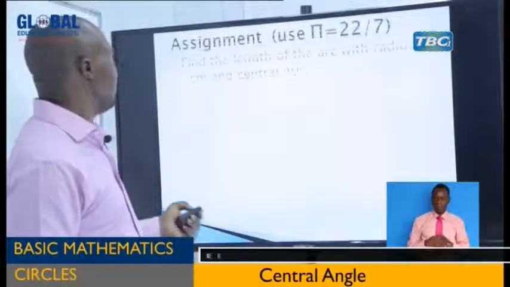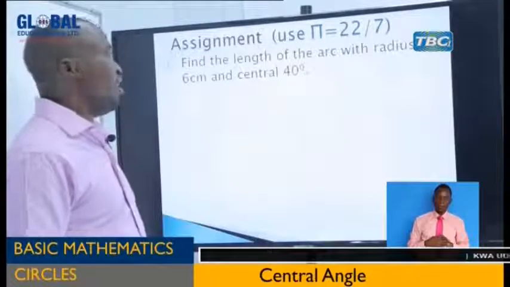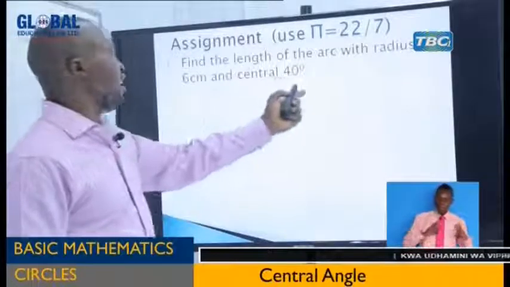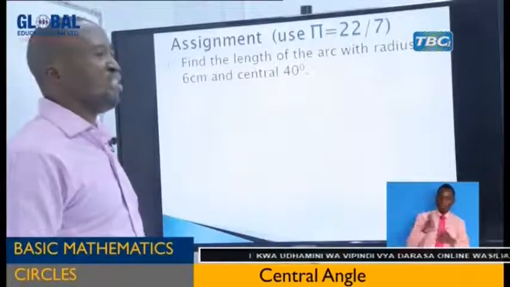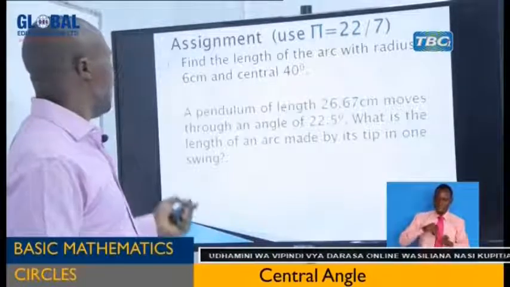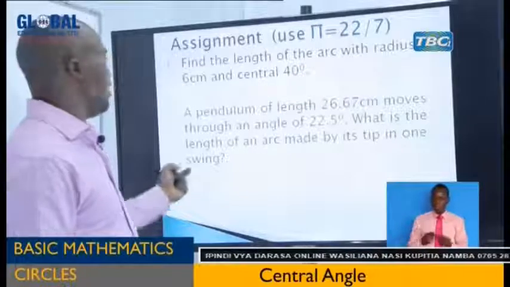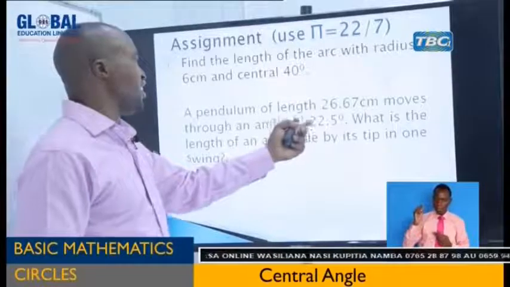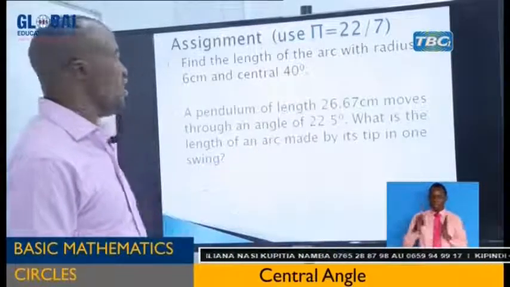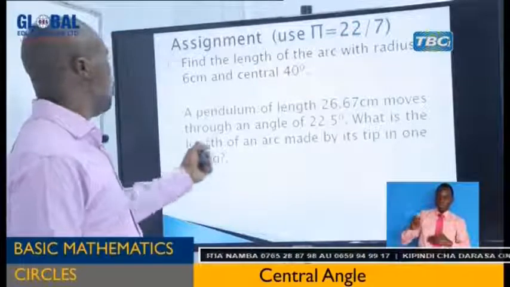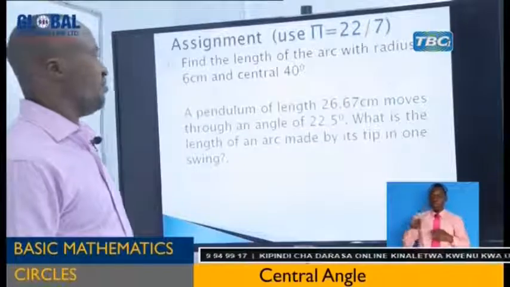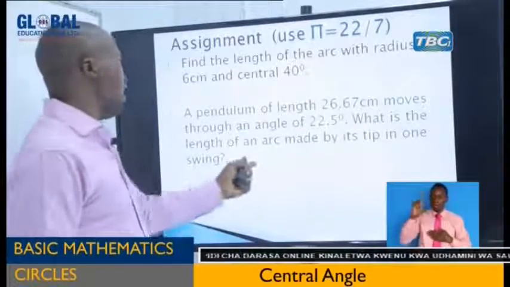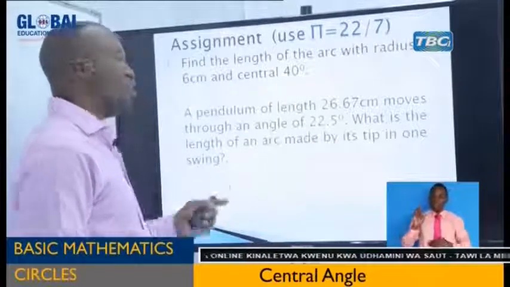Again, find the length of the arc with radius 6 centimeters and a central angle of 40 degrees. Another question: a pendulum of length 26.67 centimeters moves through an angle of 22.5 degrees. What is the length of an arc made by its tip in one swing?